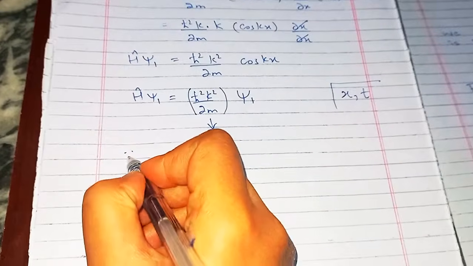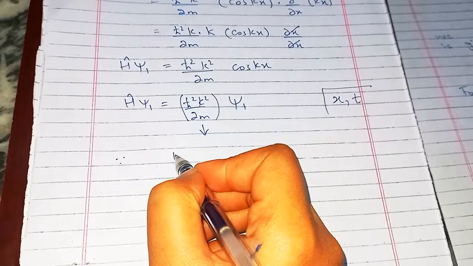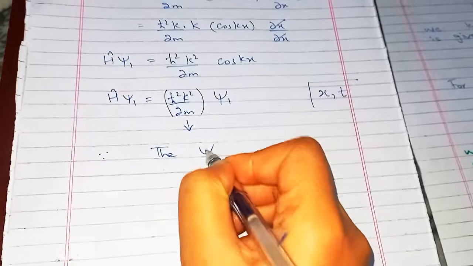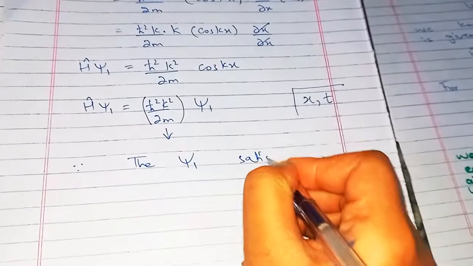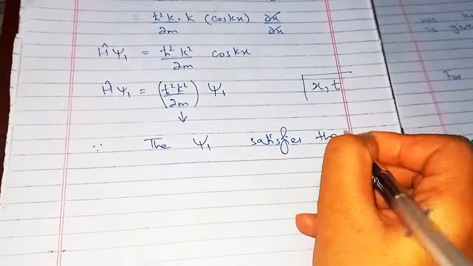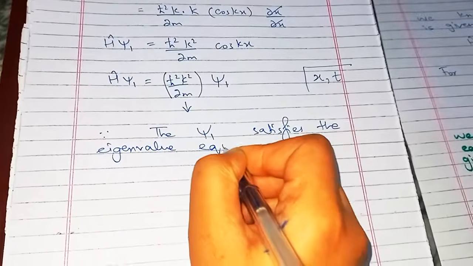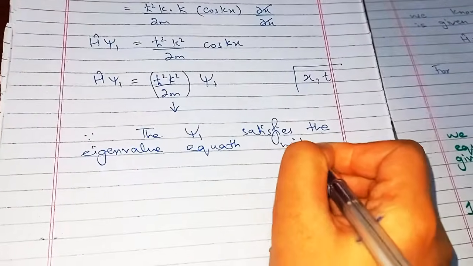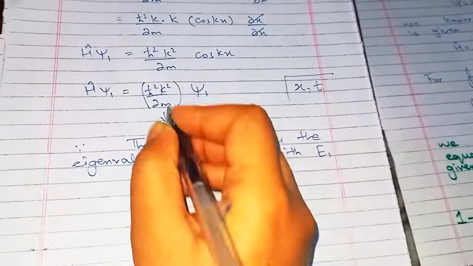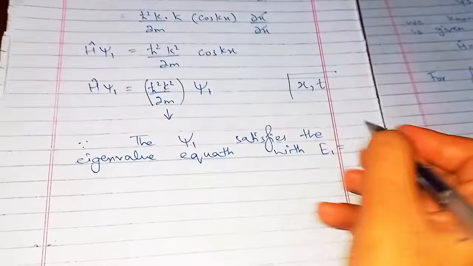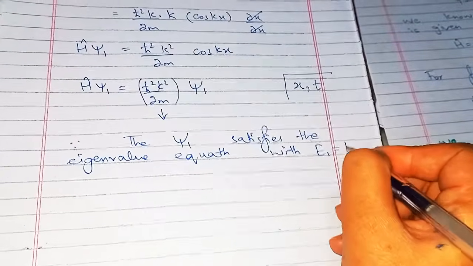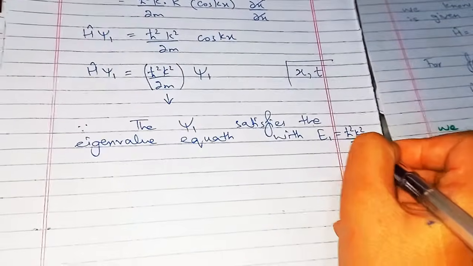So since psi 1 satisfies the eigenvalue equation with E1, the energy corresponding to this psi 1 will be called E1. So it's h square k square by 2m.